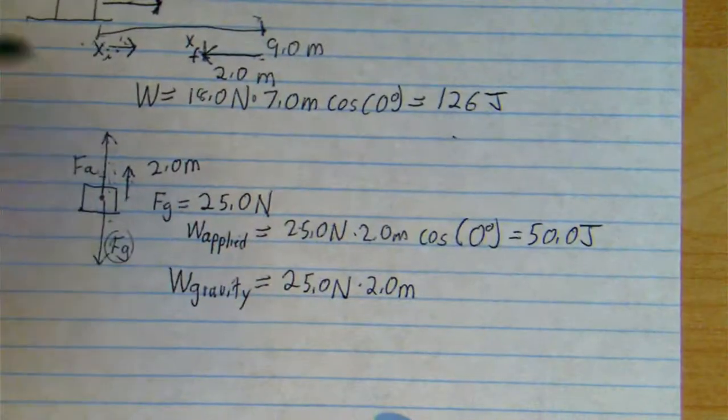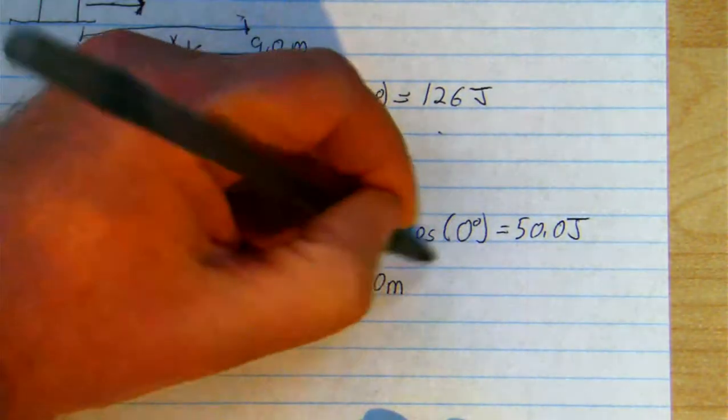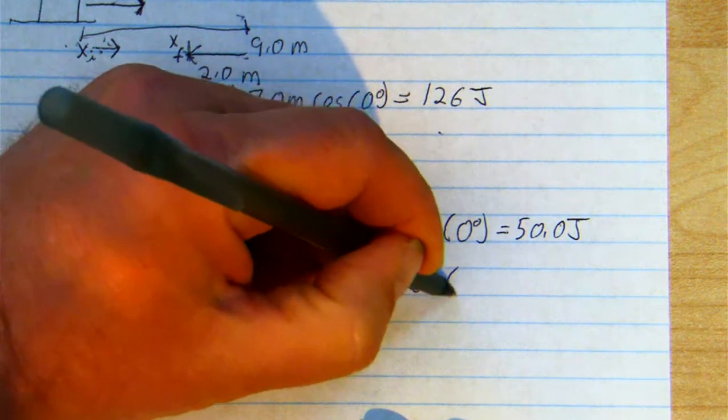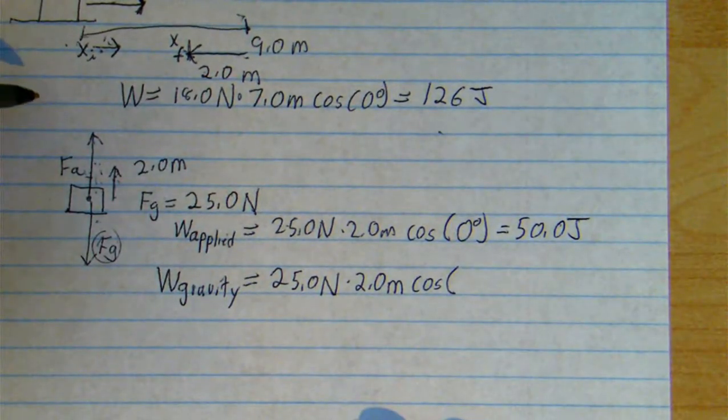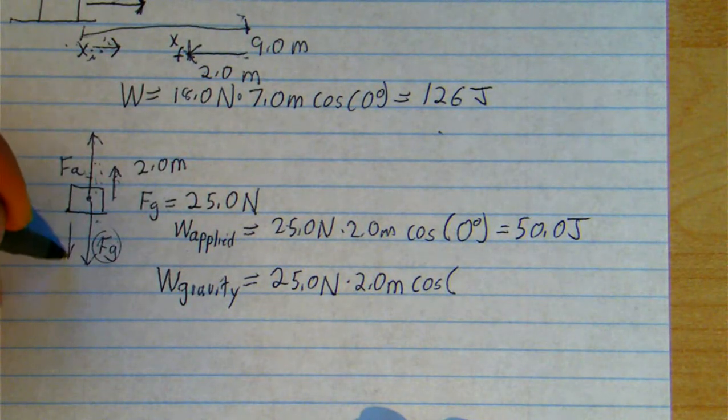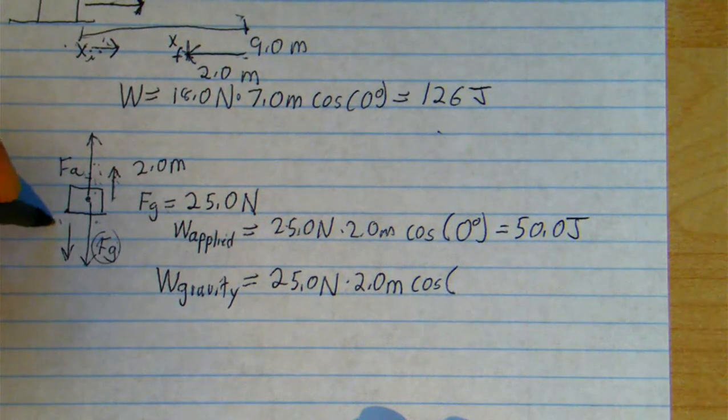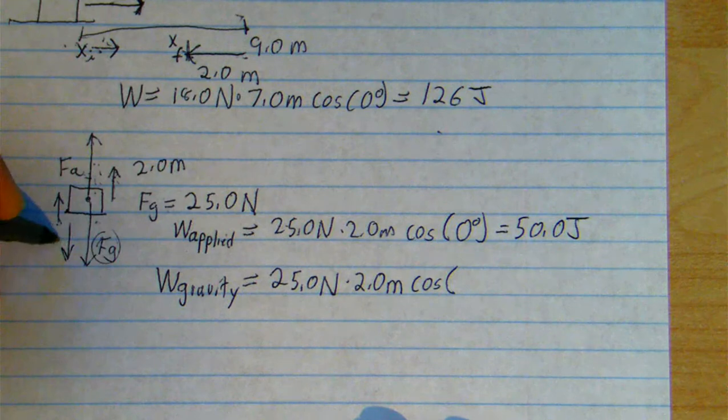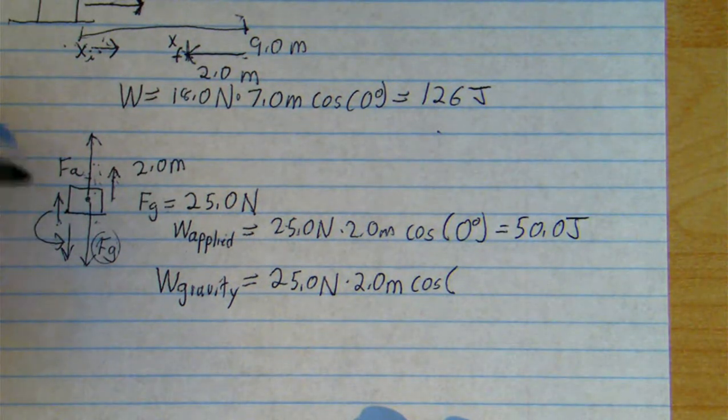It went up by 2 meters. But here is the difference between up and down. The force of gravity is down. The direction that the box was moved was up. And the angle between up and down is 180 degrees.